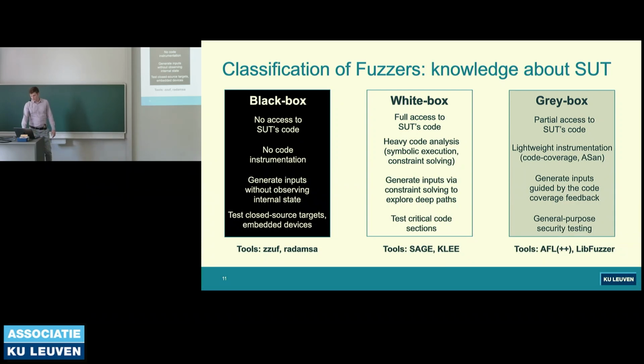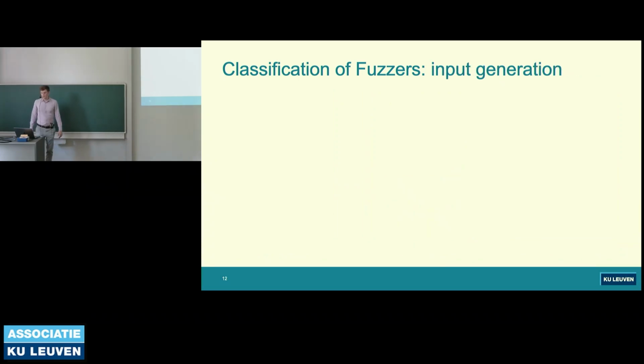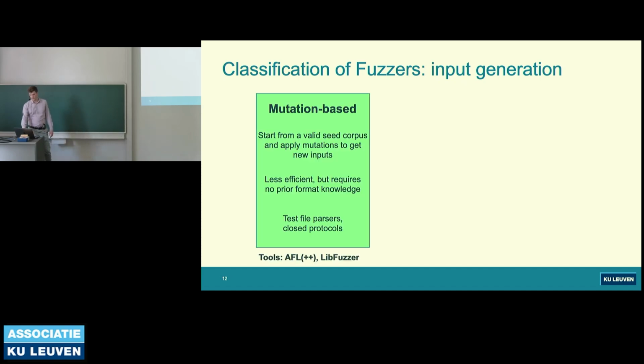So the second classification I want to give you is regarding the input generation. There are two types of fuzzers. One is called mutation-based fuzzer. Basically all it does is mutate the inputs. First, it expects the user to give a seed corpus, let's say the first input, that it can use as a seed for the future mutations.